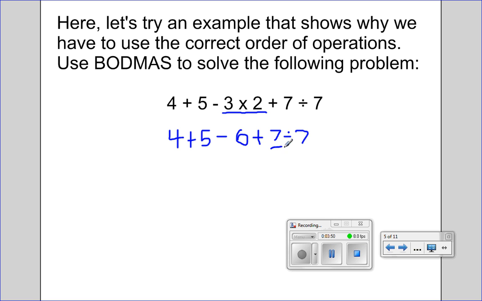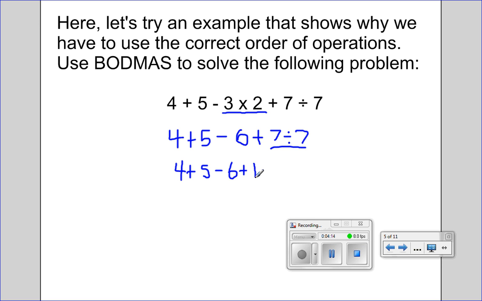So that we need to take care of next. So that gives us 4 plus 5 minus 6 plus 1.